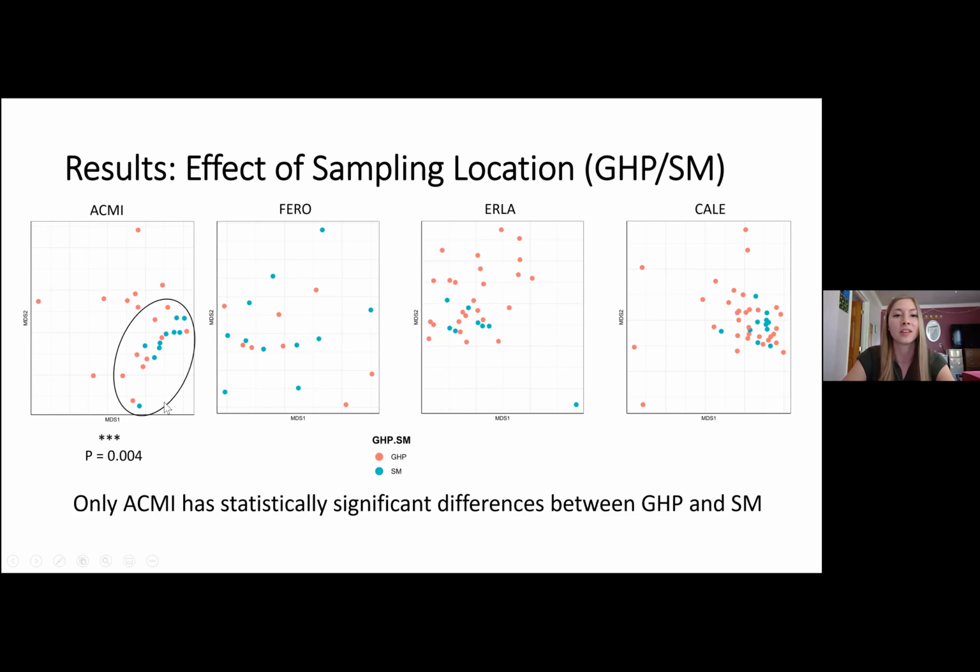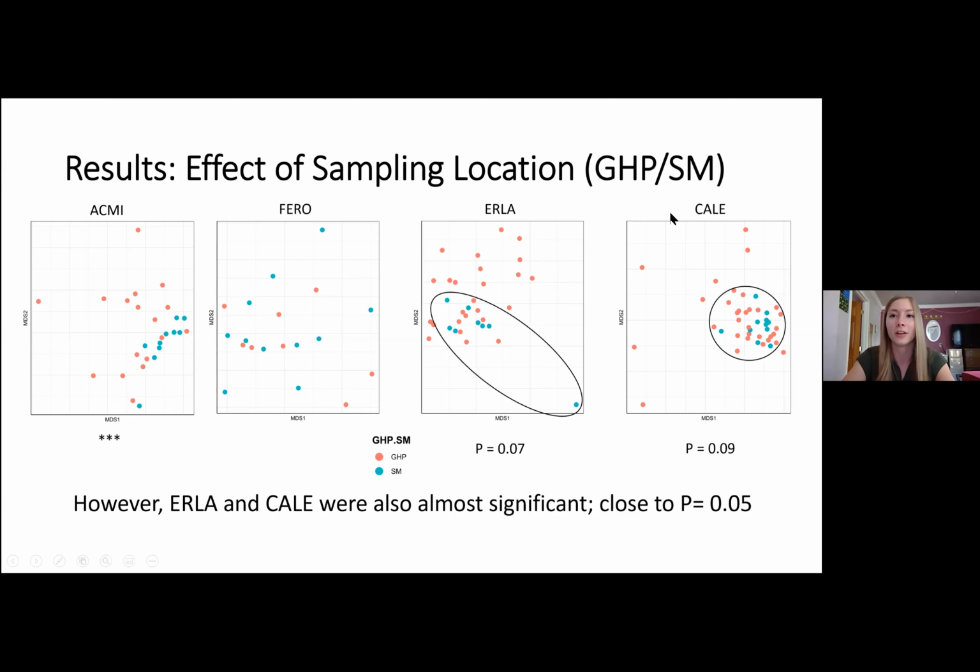We have our Smith Prairie plants clustered in a group that's a lot smaller than the Glacial Heritage Preserve group. These groups aren't super distinct, but it's interesting to note how they tend to cluster away from the other Glacial Heritage Preserve plots or samples.